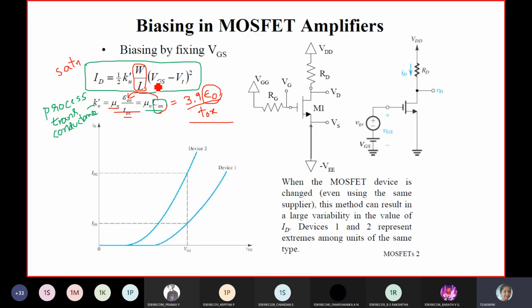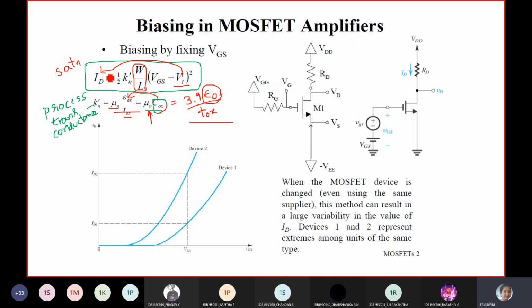Here two terms are very sensitive to temperature, that is the mobility of electrons and the threshold voltage Vt. So these two are temperature dependent terms. What will happen if the temperature variation affects mu n and Vt, which in turn disturbs the ID? Is my point clear? Yes, ma'am.